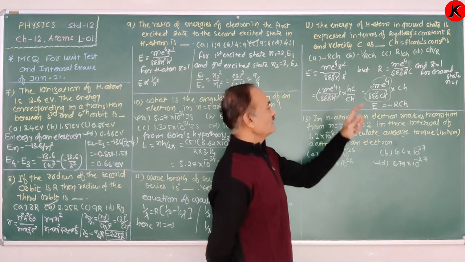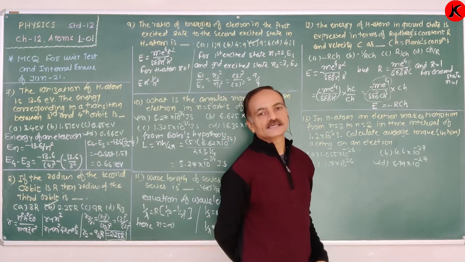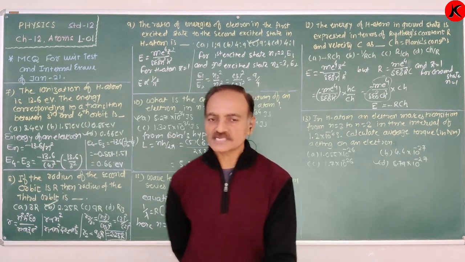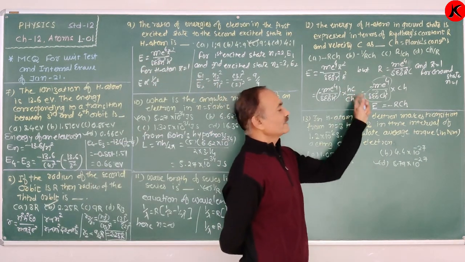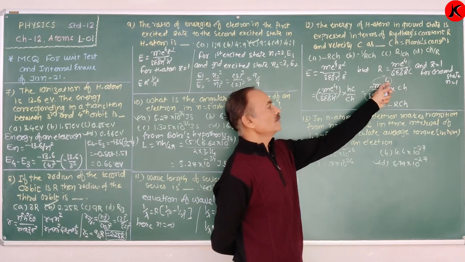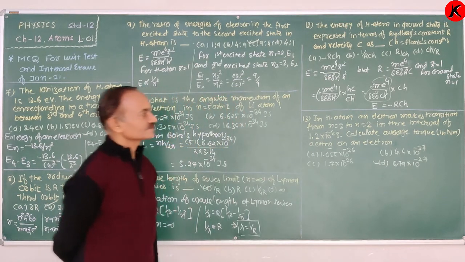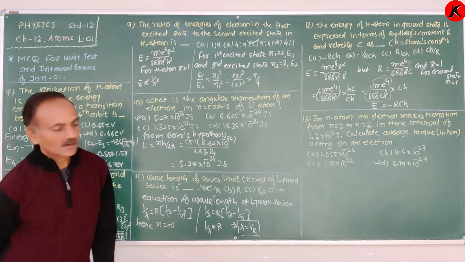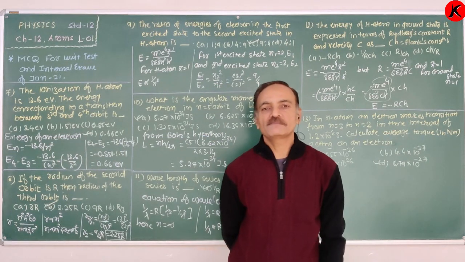Here in the denominator we require the c h cube, so here we already have the h square. Therefore, the denominator term must be multiplied by ch, so numerator and denominator both are multiplied by ch. So this term is now R, therefore minus Rch. Clear? Okay. We only have to arrange according to the equation of the Rydberg constant.